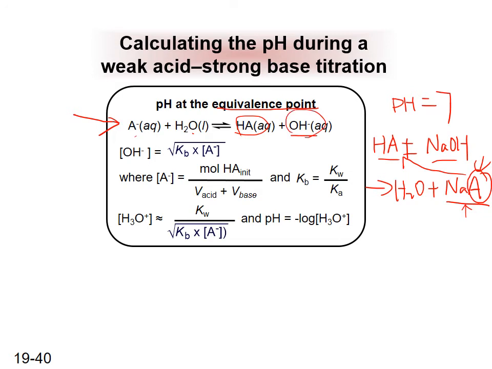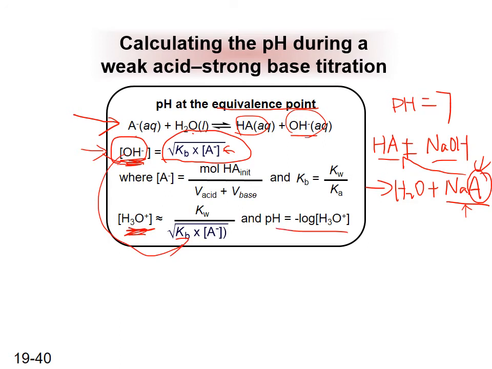Similar to the weak acid, the concentration is calculated by the square root of Kb times the anion, the weak base, which is the conjugate base of the acid. Again, I hope you still remember that for a weak base, the hydroxide is calculated by the square root of Kb times the base concentration. With this hydroxide calculated, you can calculate the hydrogen ion, which is Kw divided by this hydroxide, and then you can calculate the pH.